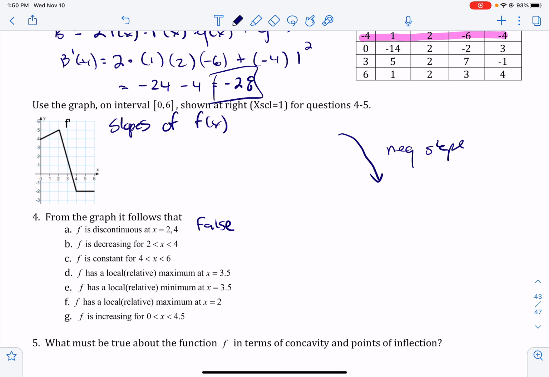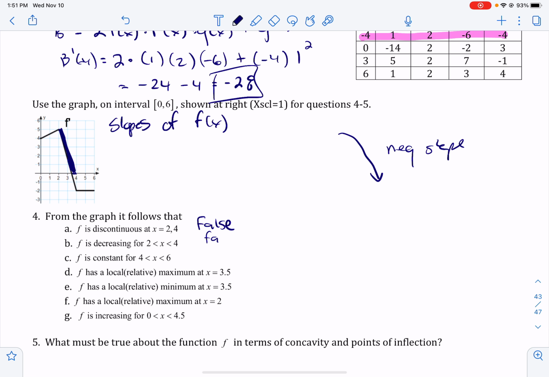Well, if I look at my graph from 2 all the way to 3.5, my picture is negative, but these are pictures of my slope values. So from 2 to 3.5, my slope is actually increasing. My function is actually increasing. So that one is also false. I am decreasing whenever my slope is negative.